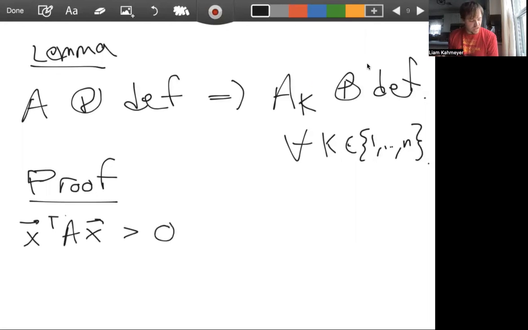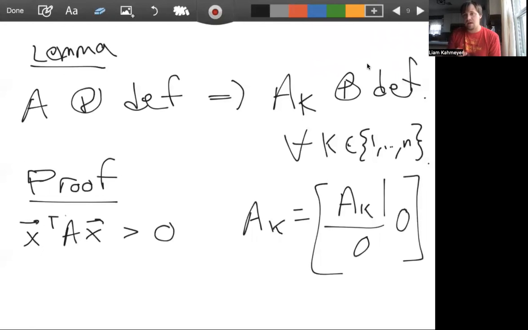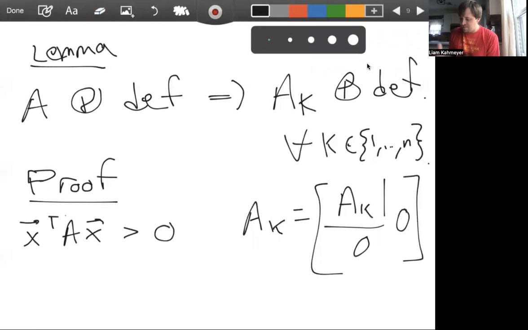Well, we can understand a submatrix by considering AK. You could think about this as an n by n matrix where you have your AK in the top left corner, and then you have zeros everywhere else. That's an n by n matrix, even though the only entries that are non-zero are in the K by K square matrix there.